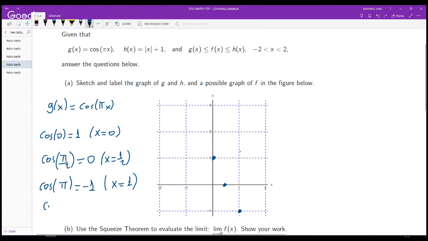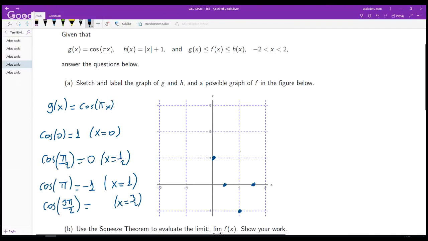So we have cosine 3π over 2, which is when x is 3 over 2. Okay, so what's the value of cosine 3π over 2? This is the same as cosine minus π over 2, which is 0.